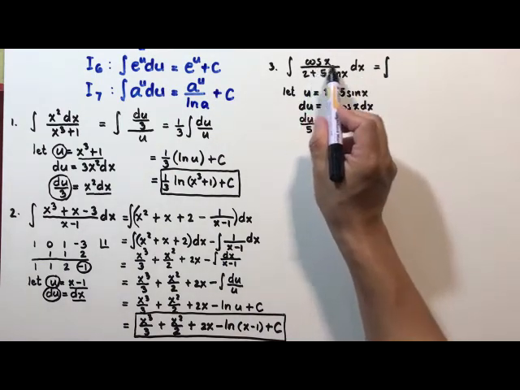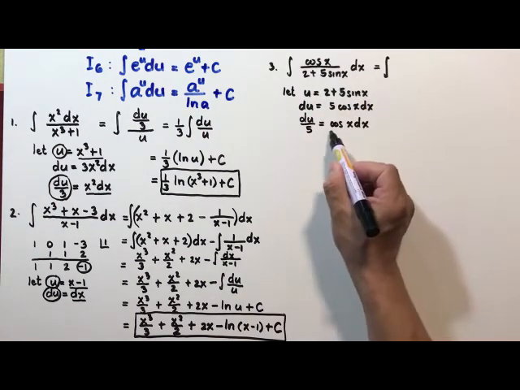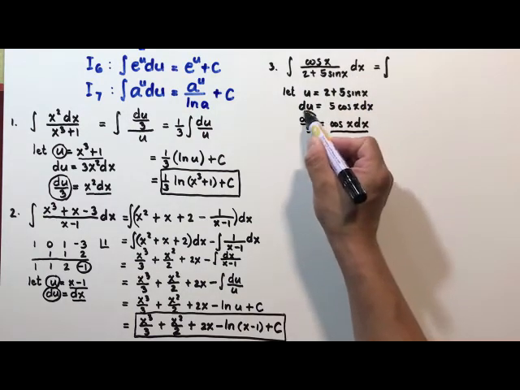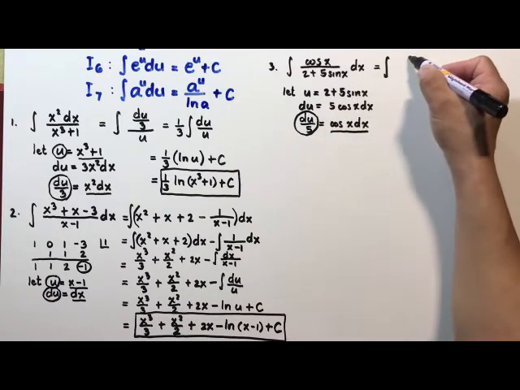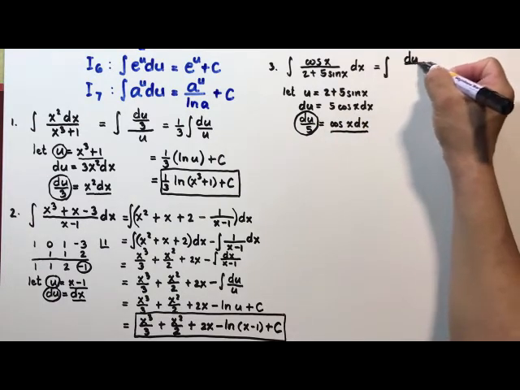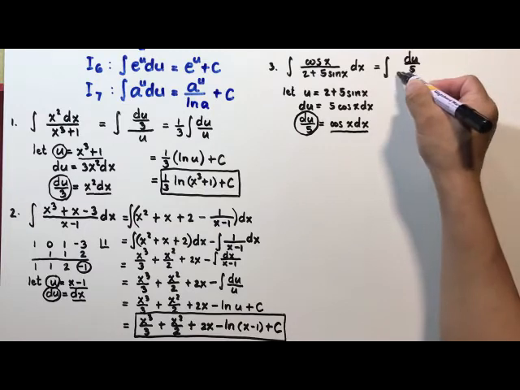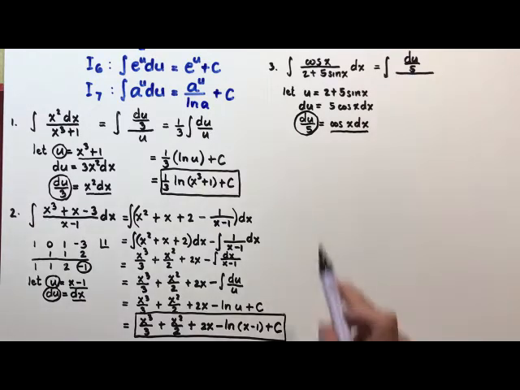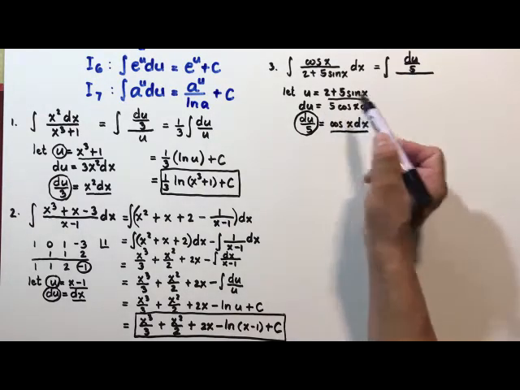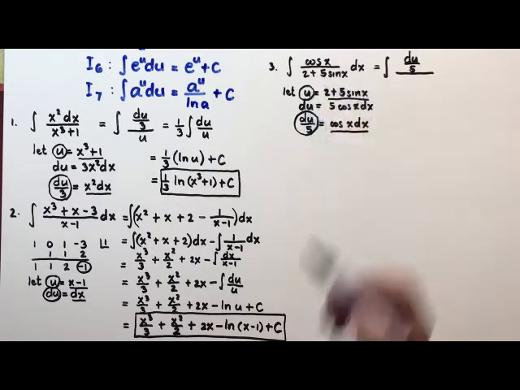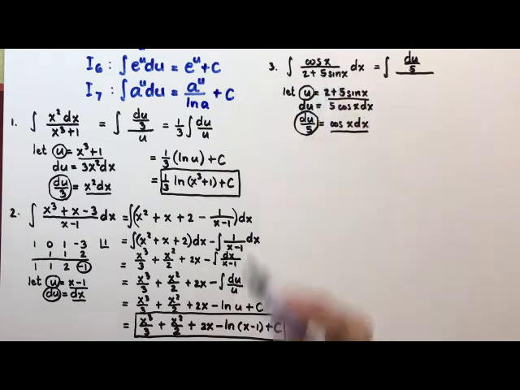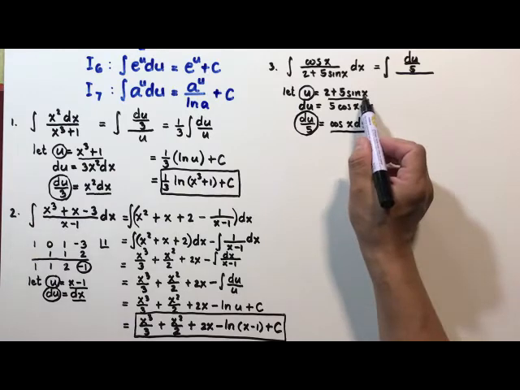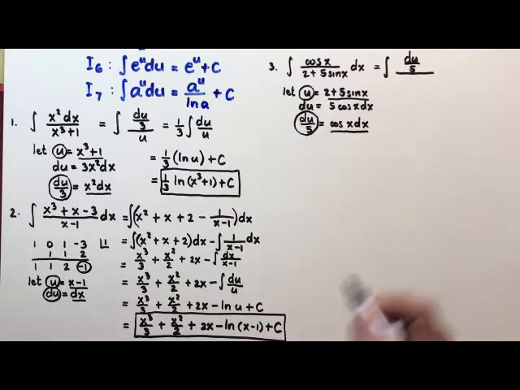Instead of writing cosine x dx, I can write its equivalent expression, which is du over 5 here. And the denominator, you know that that is our value of u. So instead of writing 2 plus 5 sine x, I will write its equivalent expression, which is u.